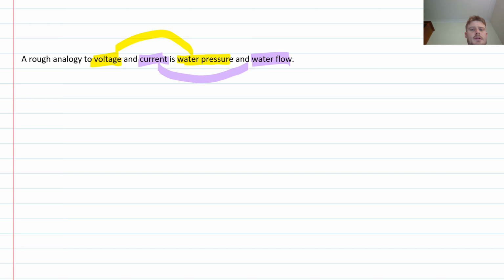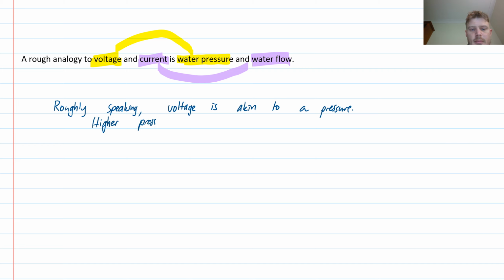So you can visualize here, roughly speaking, voltage is akin to a pressure. Higher pressure would suggest more flow.